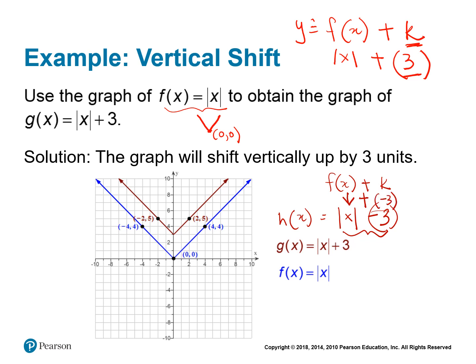So the minus is part of the value of k. When k is negative, that means you are moving down 3 units, 1, 2, and 3 units. Everything else remains the same. You are just moving down 3 units if k is negative.